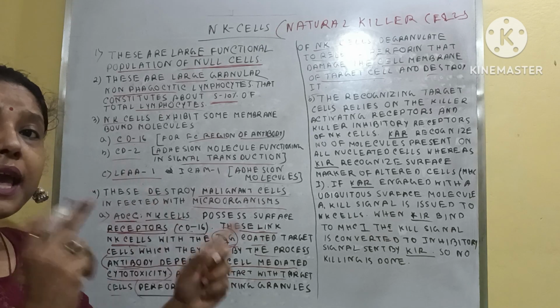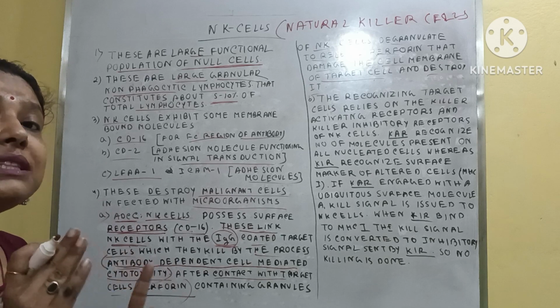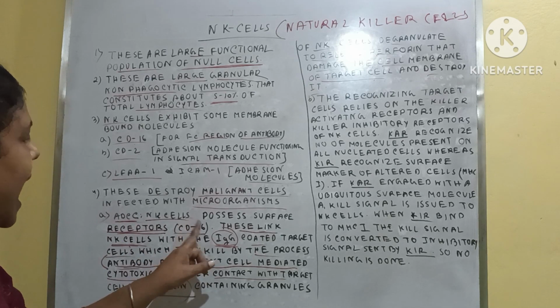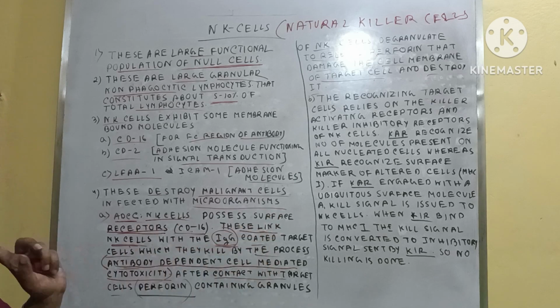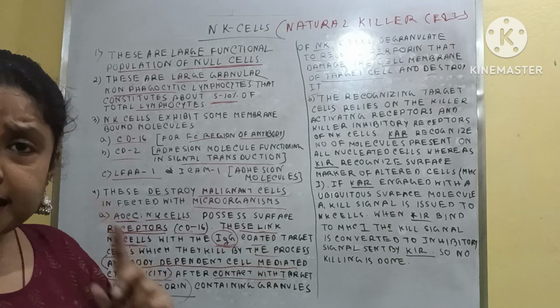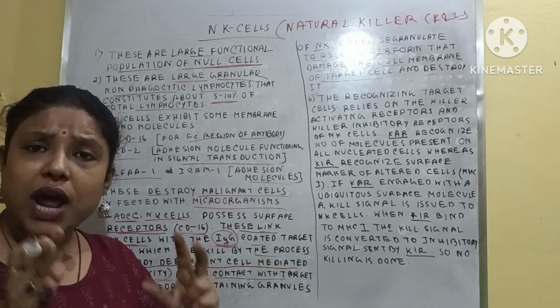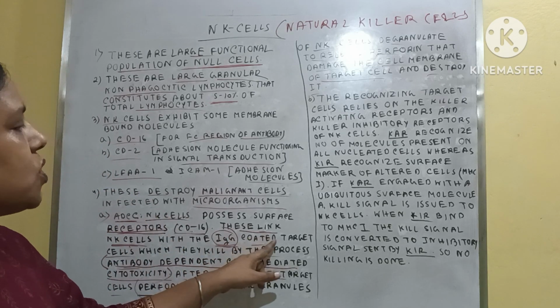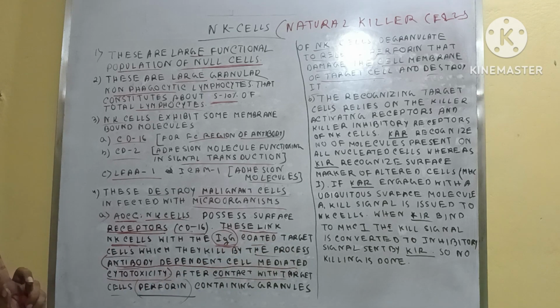That means they try to bind to form a complex with the IgG coated target cells. Clear? NK cells try to bind and make a complex with the IgG coated target cells. Clear?